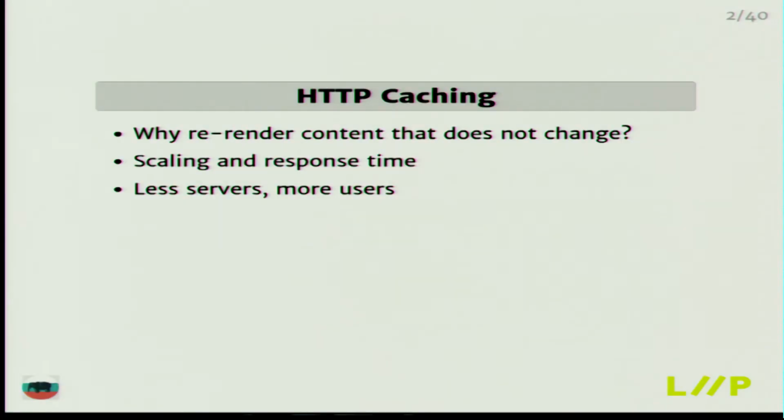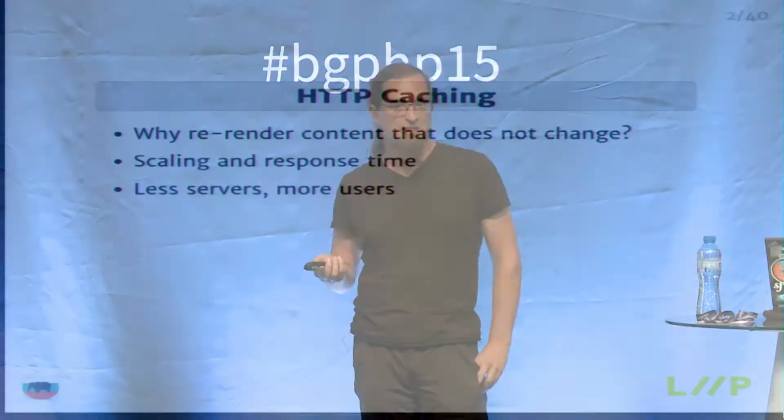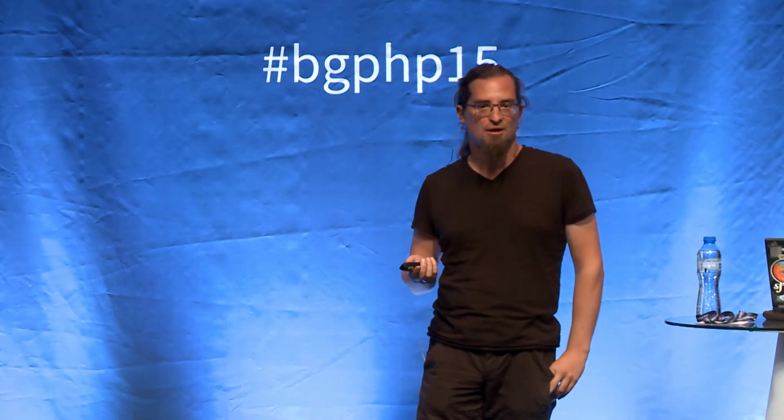Just a very quick reminder, why caching? Essentially, what you want to optimize with the caching is scalability and response time. So we're talking HTTP caching here, not application caching like Memcache. What you want to cache is the whole rendered output, so that you can deliver it very fast if you need the same output again.